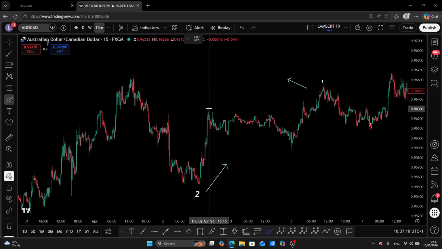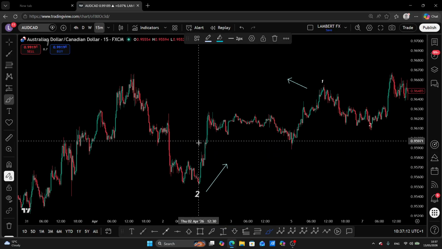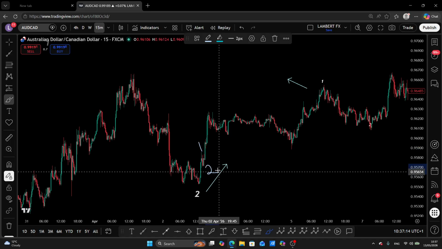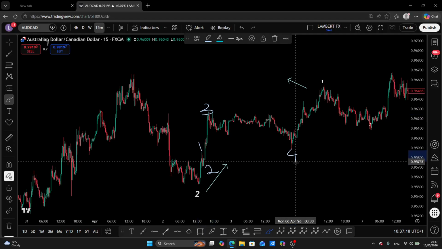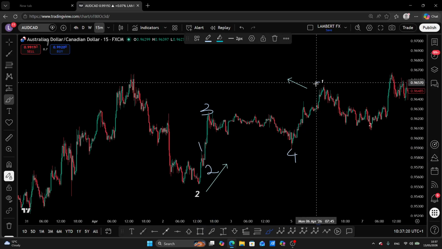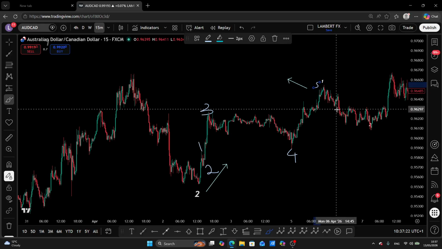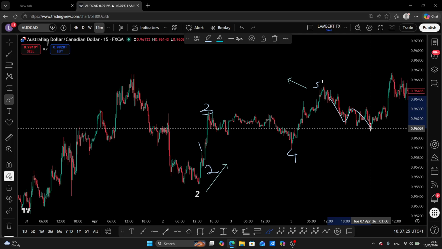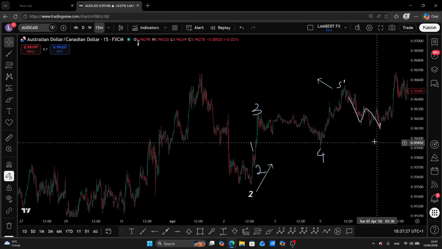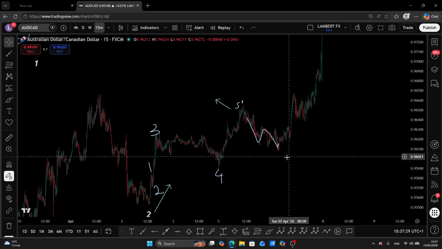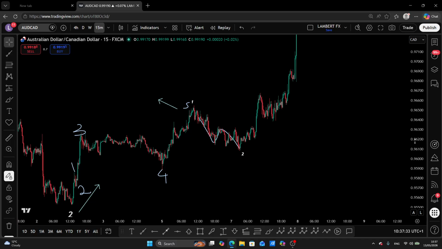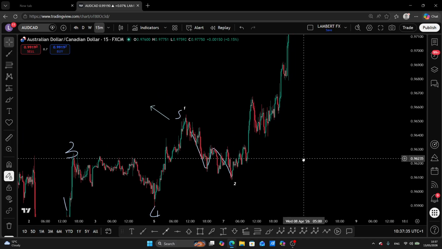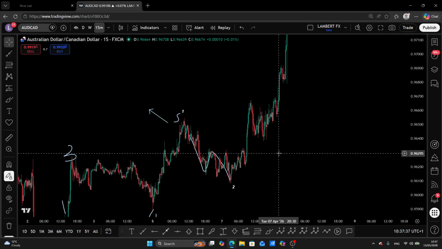We have this 1, this 2, this 3, this 4, and then this 5 for 1. Then this is an ABC correction for our 2, and after your 2, you need a 5 leg up for 3.